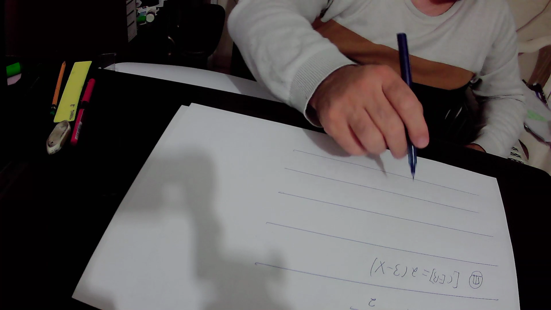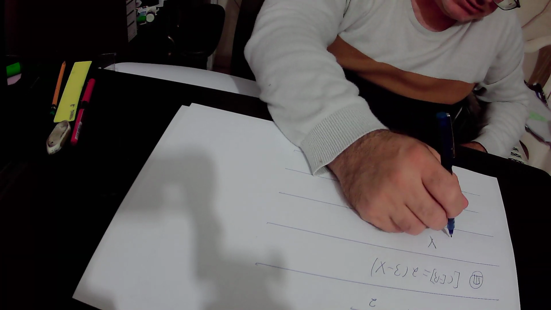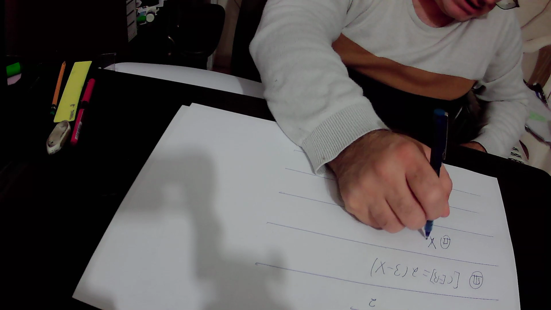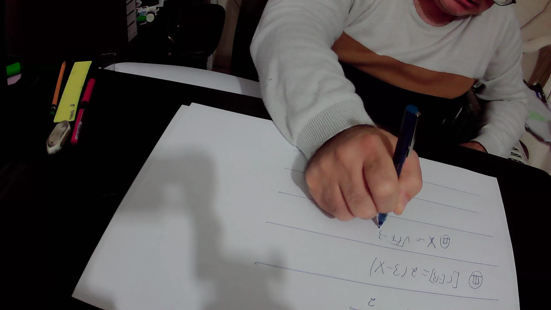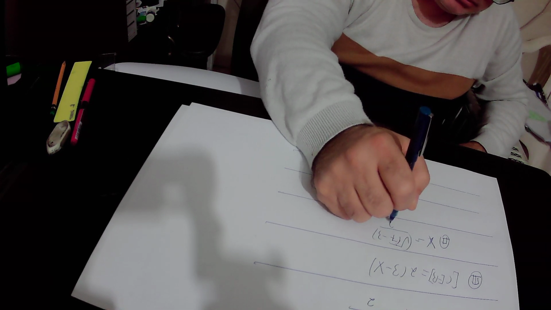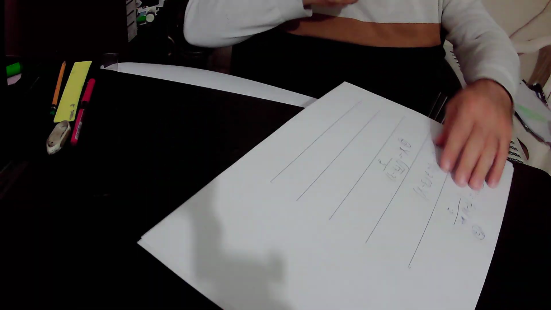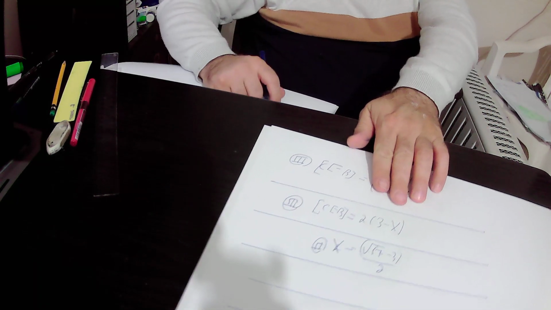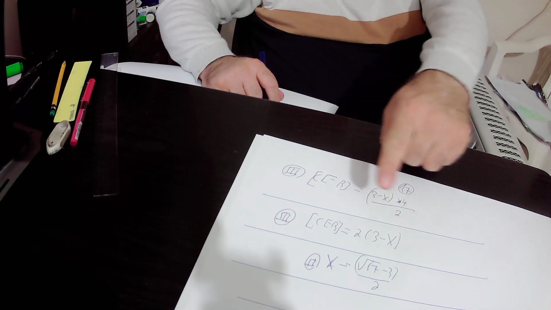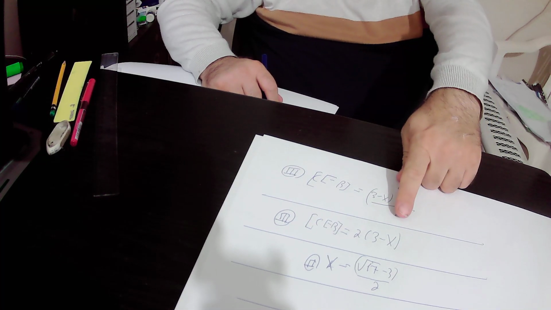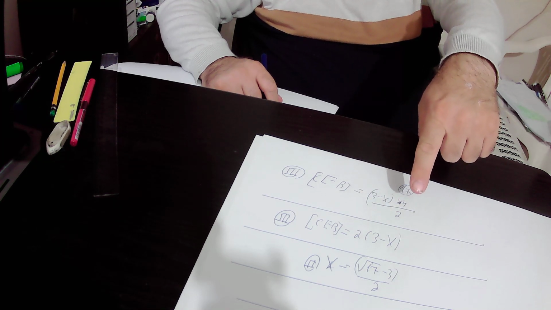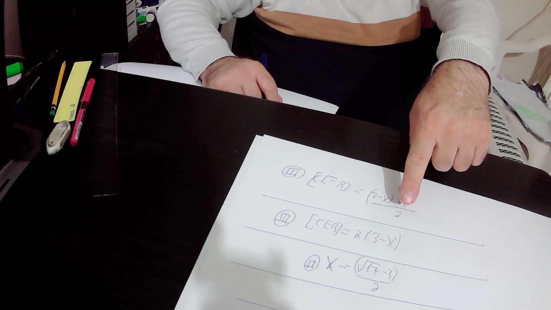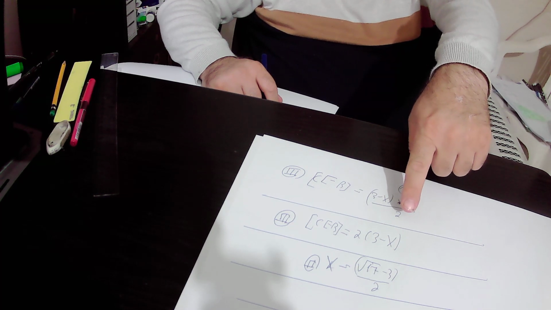We have already found out that x, according to equation number 2, equals square root of 17 minus 3 over 2. So we will place the value of x from equation number 2 in x from equation number 3.